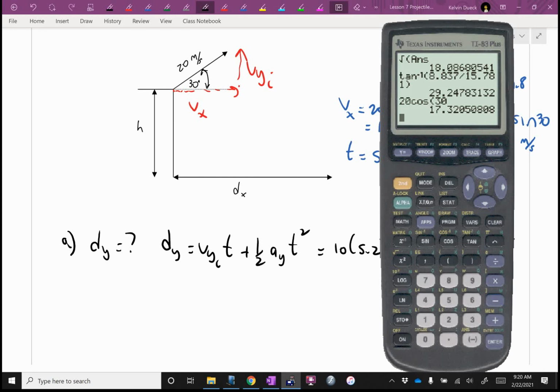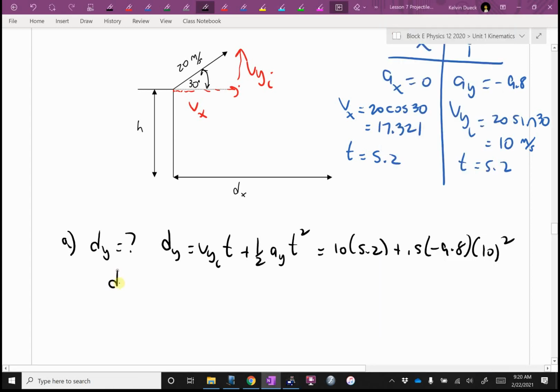So it's going to be negative 490 plus 52, which is going to be negative 400. Is it negative 438? Am I wrong? Why did I put a 10 in the t squared when it's a 5.2? My brain was telling me I'd done something wrong and I just couldn't spot it.